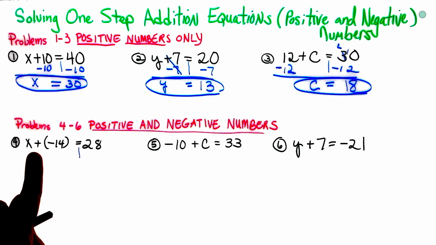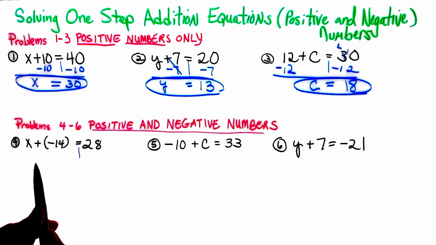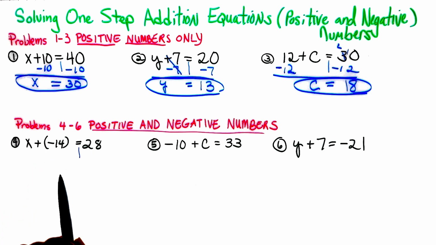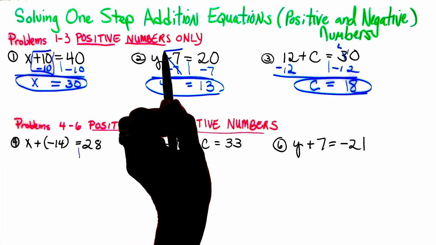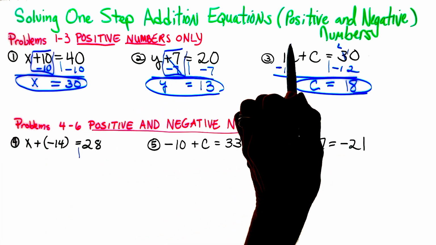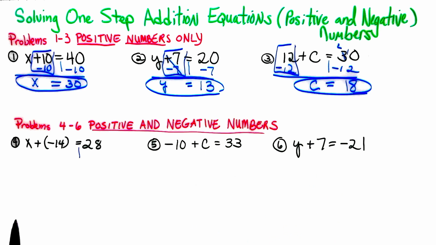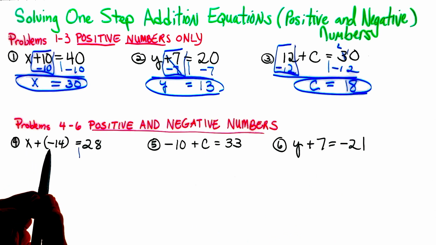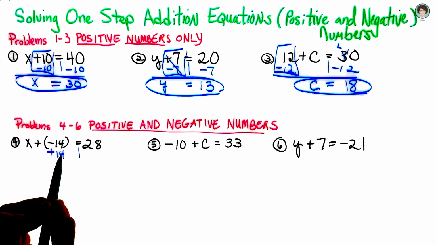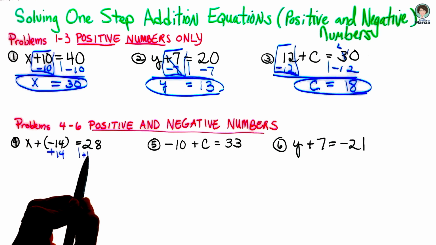And you're going to say, well, the inverse operation of addition is subtraction. But if I put minus 14 there, a negative 14, it's not going to cancel out, because look at each one of these up above. You had a positive and a negative. So we have to do the same here. So since this is negative 14, we're going to add 14 to both sides.